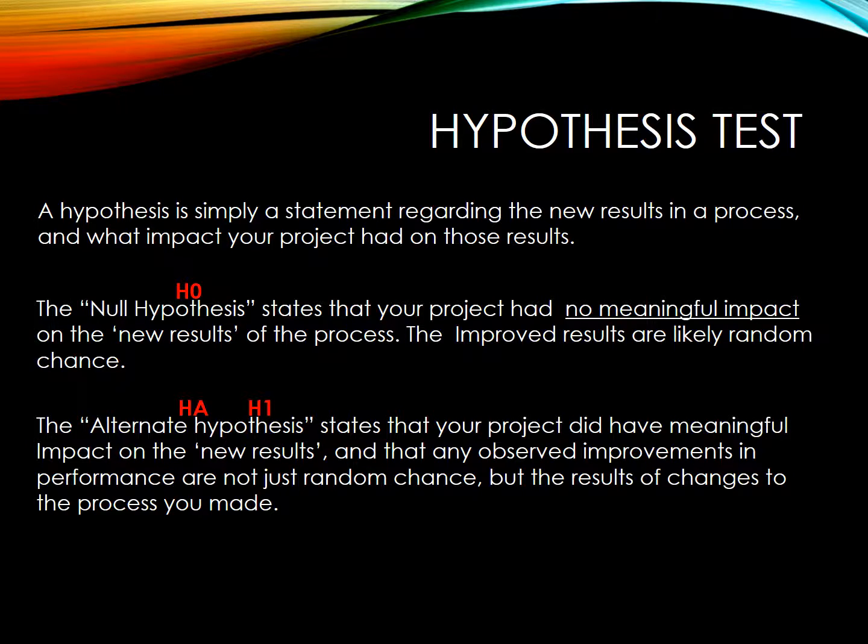But this is the point of a hypothesis test. You hope that you are able to reject the null hypothesis that your project had no meaningful impact, and you want to accept the alternate hypothesis that says that your project did have meaningful impact and that the new results you're seeing are statistically significant.